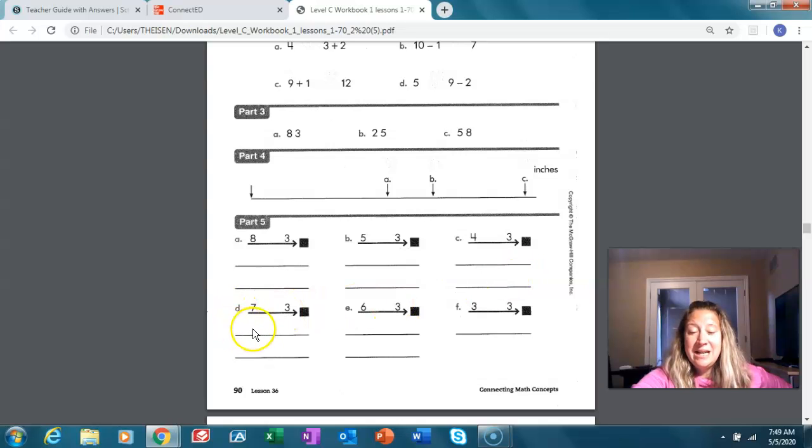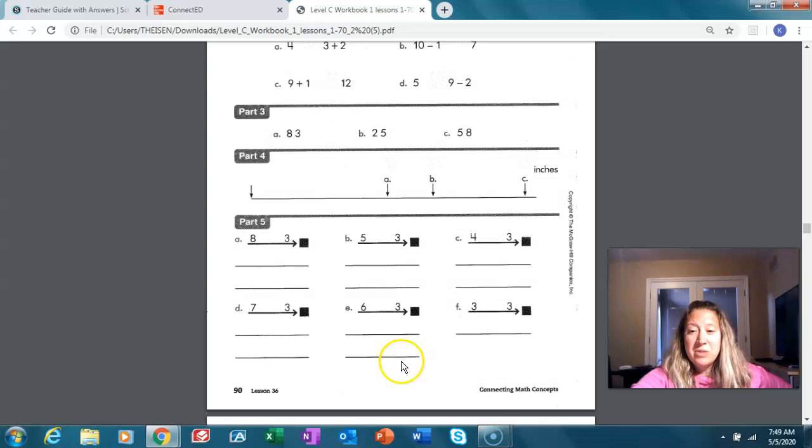D. 10 minus 3 equals 7, and 10 minus 7 equals 3. E. 9 minus 3 equals 6, and 9 minus 6 equals 3. And then F only has one fact, because they would both be the same, since the numbers are the same. 6 minus 3 equals 3.